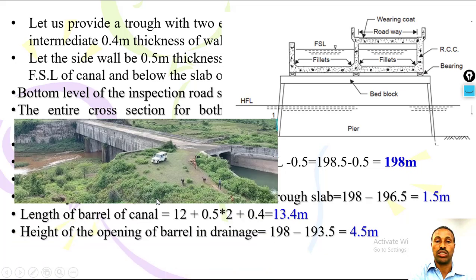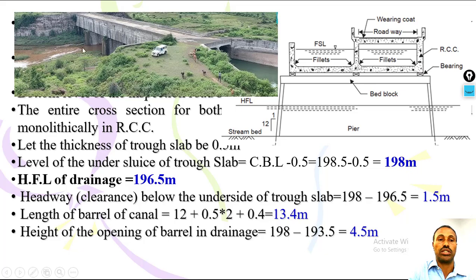Now you can see this is the drainage. Flood is going below the canal. This is the canal, and the canal discharge is going. These are the 2 compartments, 1 and 2. So the canal is going above the flood.